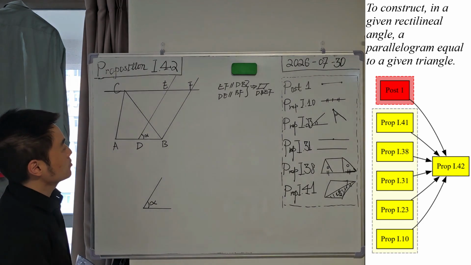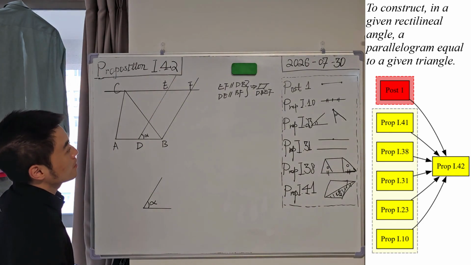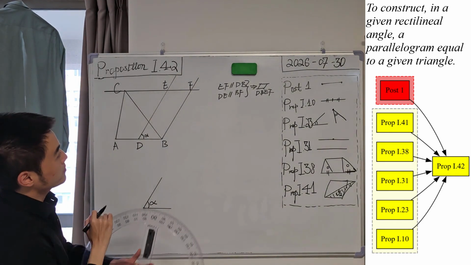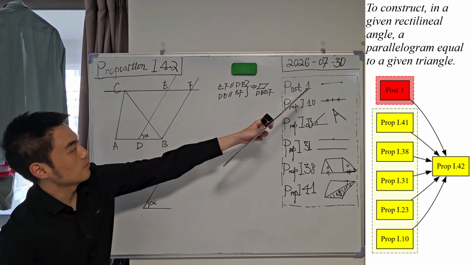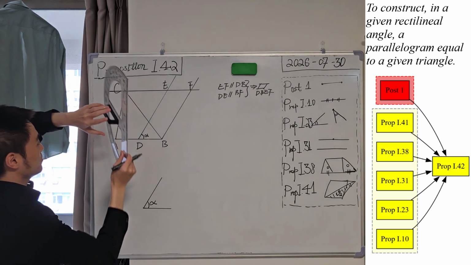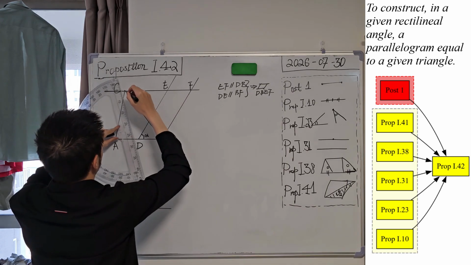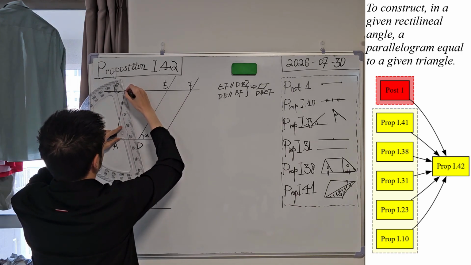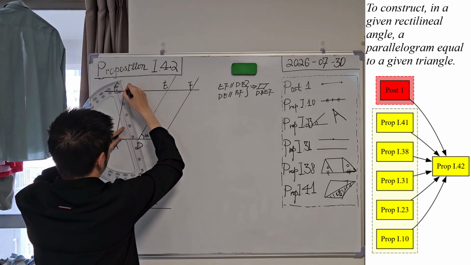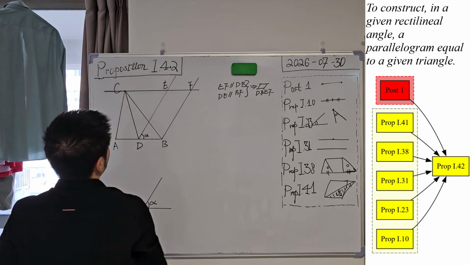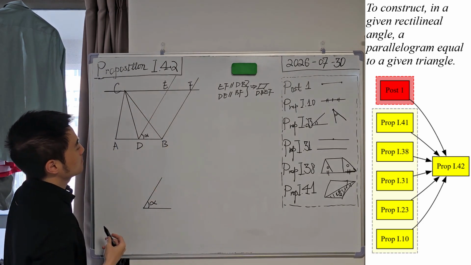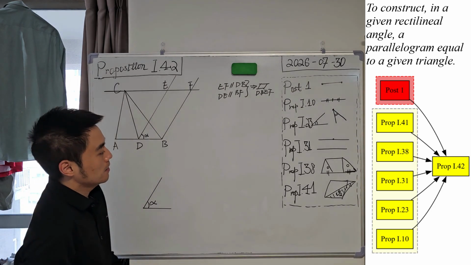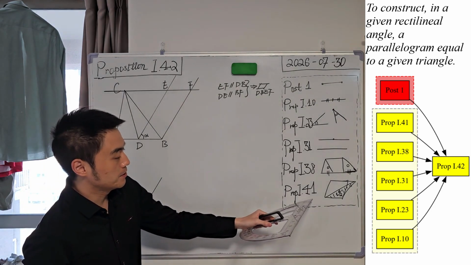In the next step, please recall postulate 1. We are able to construct a straight line by joining two points. So let us join CD. Great. And in the next step, please recall proposition 41.